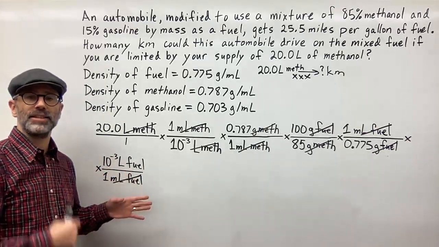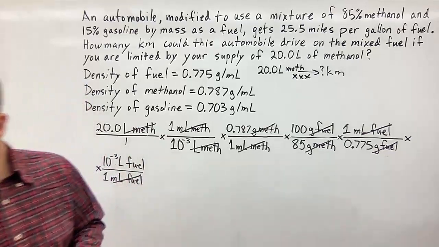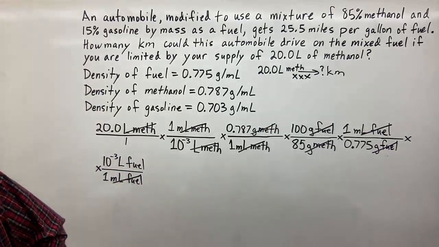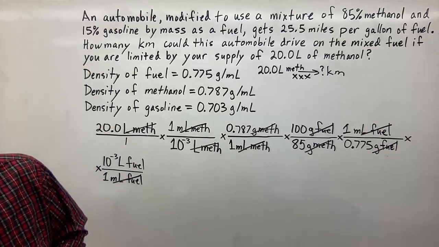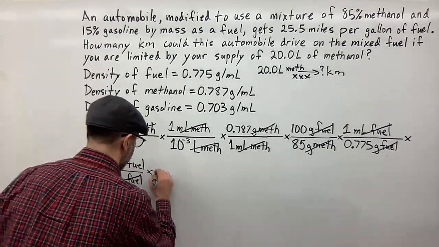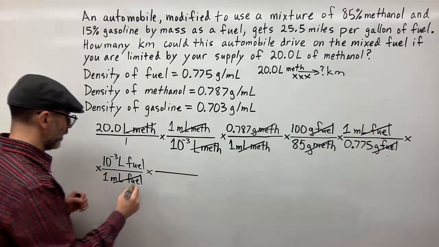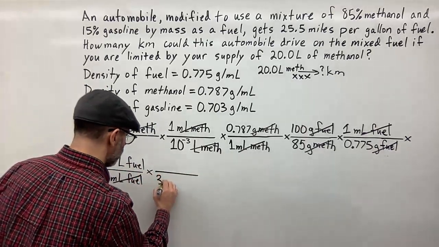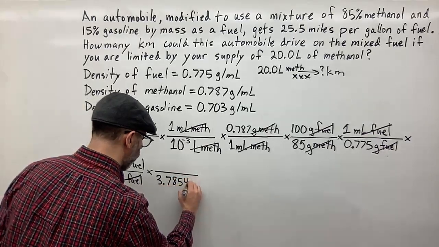I can convert that to gallons using a relationship between liters and gallons. And that is, 1 gallon is 3.78541.